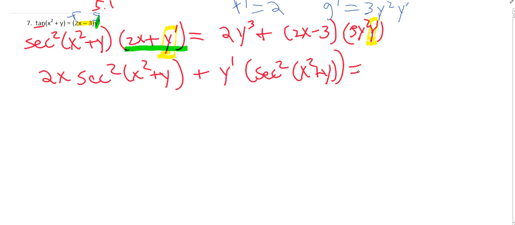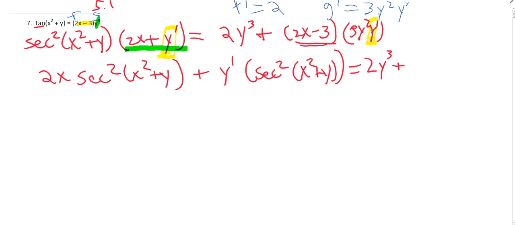And on the right hand side we still have 2y cubed, and we could distribute our 3y squared y prime to the right here, back to this guy.